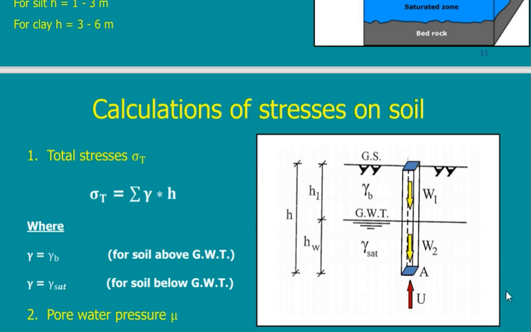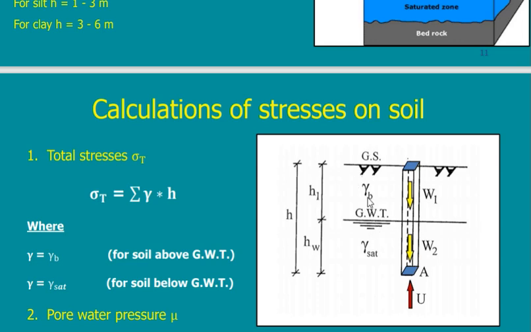No. So gamma bulk means the unit weight of soil in its normal state. If I go to the site, bring a sample, and measure the density or the unit weight of the soil, this value is called bulk because it is as it is in the soil.